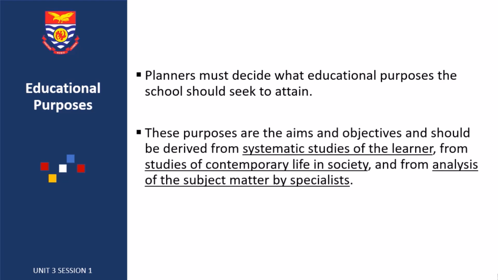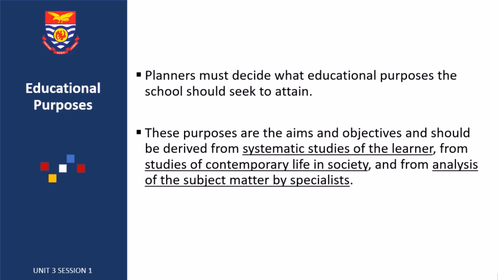These aims and objectives can be derived from the systematic studies of the learner. They can also be derived from studies of contemporary life in society and from analysis of the subject matter by specialists. Now, to Tyler, these three sources of objectives should then be screened through the school's philosophy and through knowledge that is available about the psychology of learning.